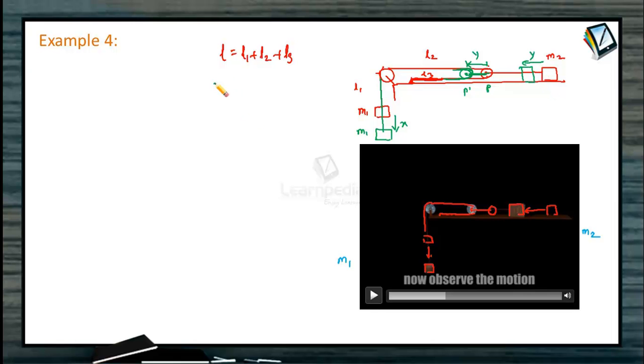So due to the constraint, what will now be the total length? L1 plus x, plus L2, this length from here to here is L2 minus y, plus L3, this length from here to here is L3 minus y. Very good. So what you are going to get from here? x is equal to 2y. x is the displacement of m1. y is the displacement of the pulley and also of m2.